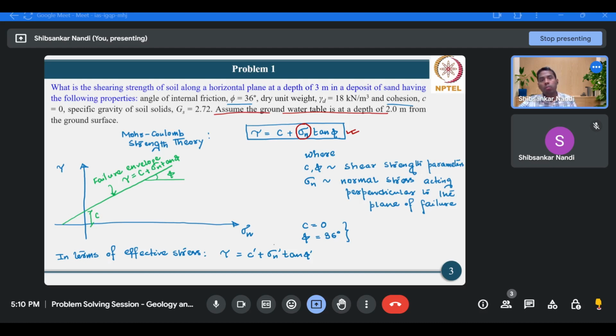So how? Because the location of the horizontal plane is mentioned in this problem.